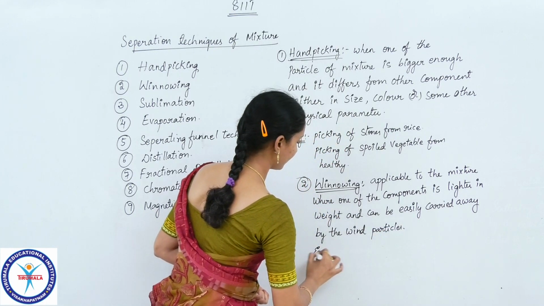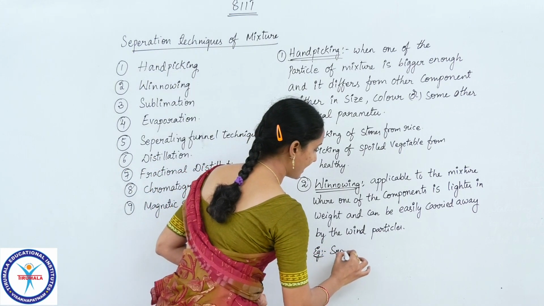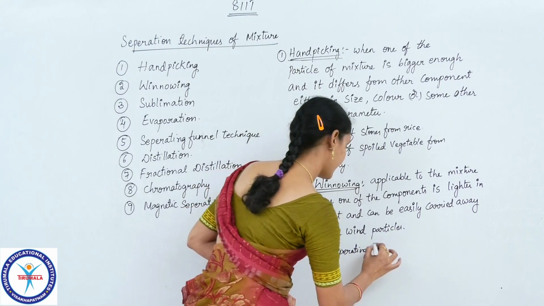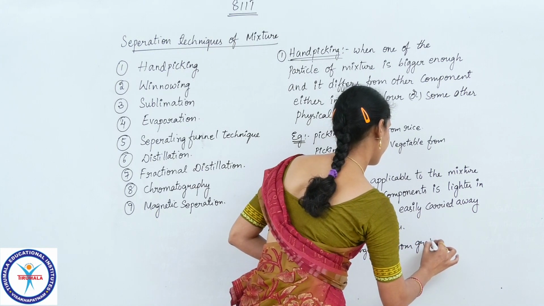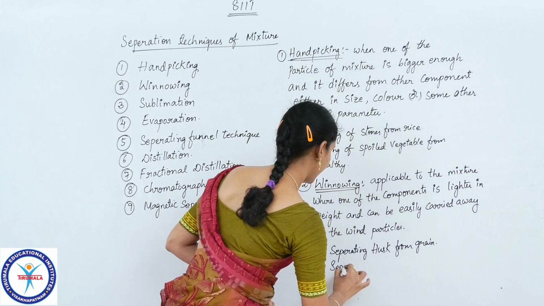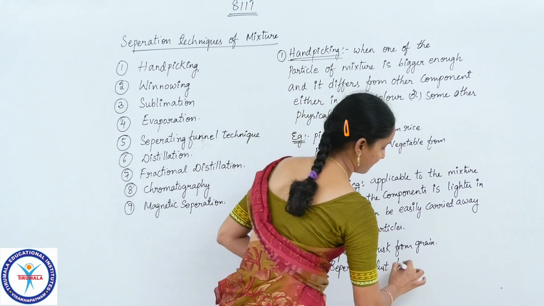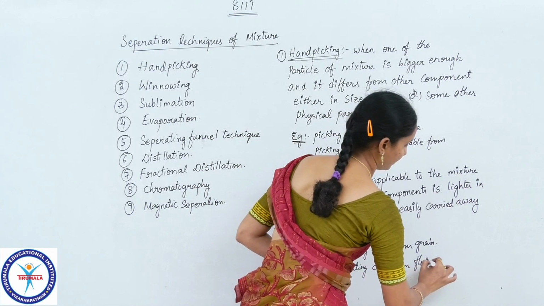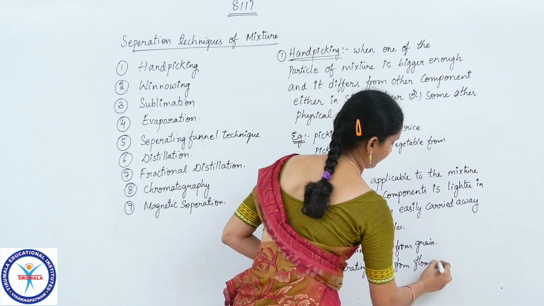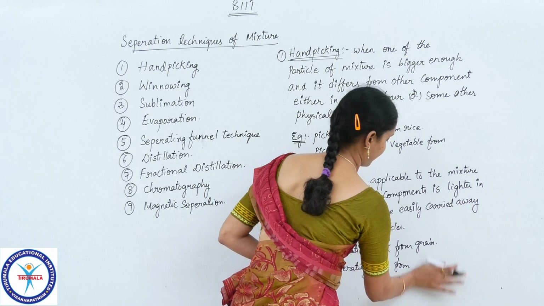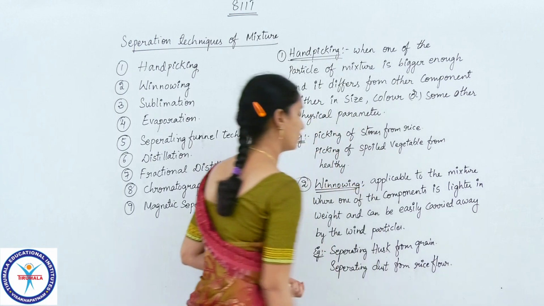Examples where you can use winnowing are separating husk from grain, and separating dust from rice flour.